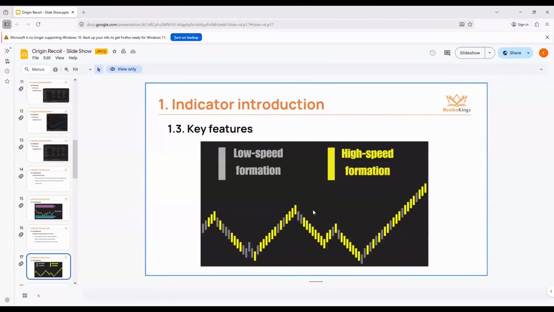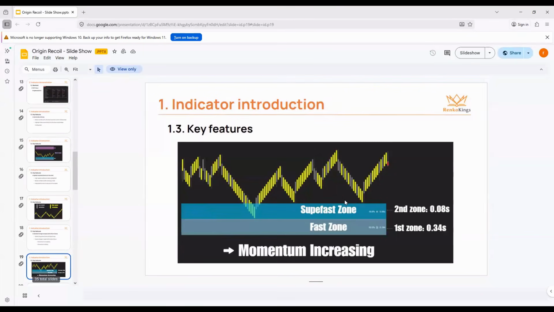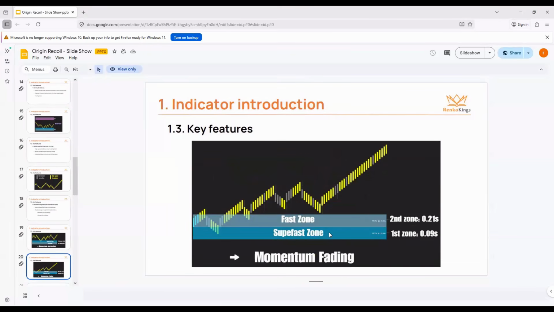Okay, so everything is color coded as we've seen. When it's gray, it just means the bars are forming slow. When it's yellow, bars are forming fast. So we've seen the zone, right? The signal occurs when price reverses inside the zone. We've seen this kind of deal. There is fast, and then there is super fast.